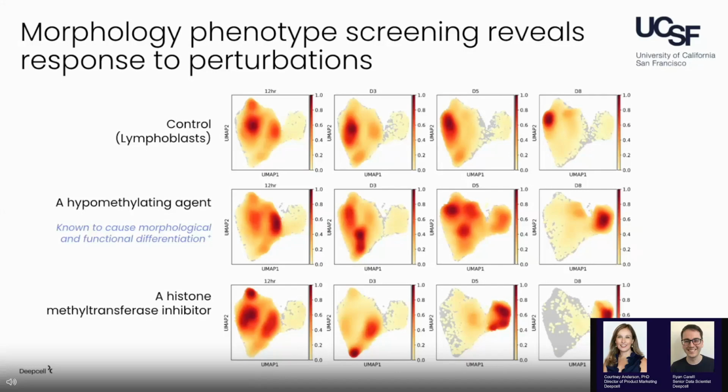Each of these drugs resulted in cell death, which can be seen by the movement of these cells to the far right compared to the controls. But what's exciting is that at 3 and 5 days, pockets of cells which were resistant to treatment could be identified by morphology and are isolated for further study with other assays.